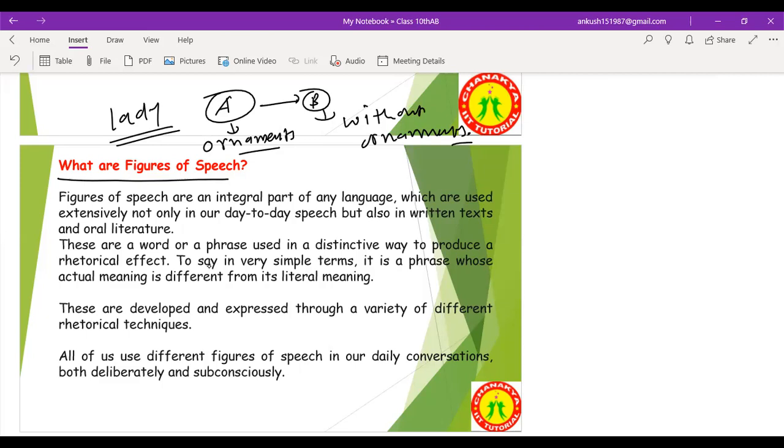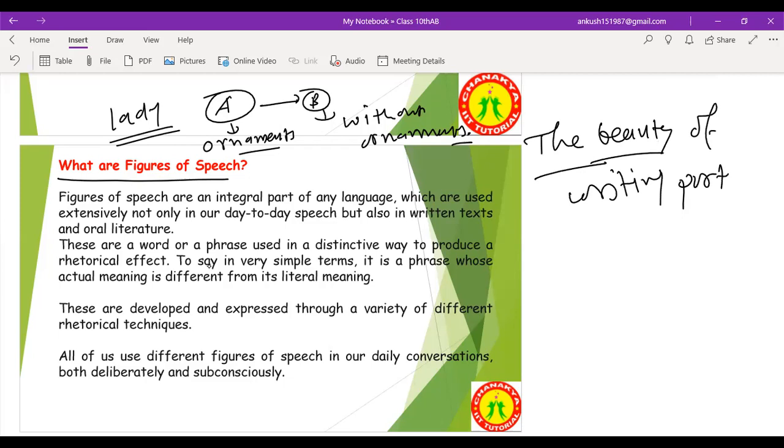But most of the time, these writing devices are used in poems. They are the add-on words. They add on to the beauty of the writing portion of the poet.